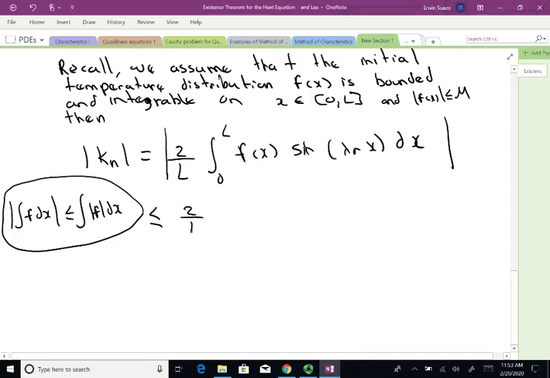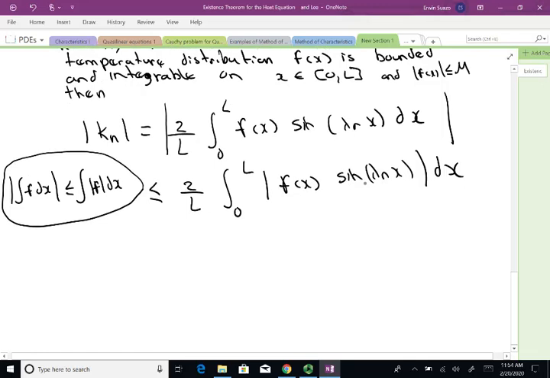So this is 2 over L integral from 0 to L of the absolute value of f of x times the absolute value of sine lambda n x dx, so basically the absolute value goes inside. But the absolute value of sine is always less than or equal to 1, because sine goes like this.